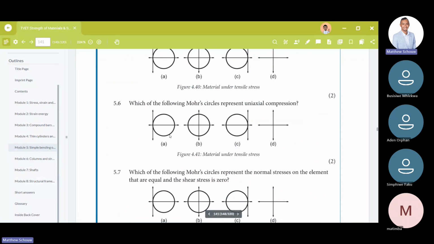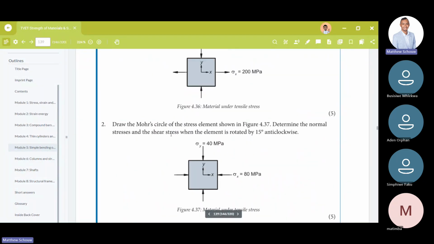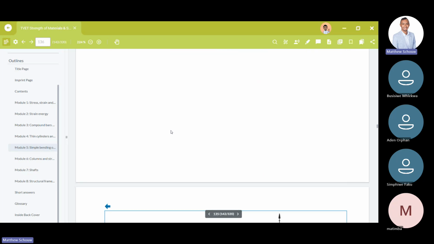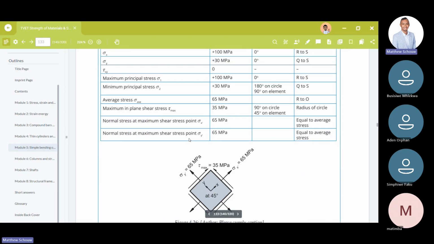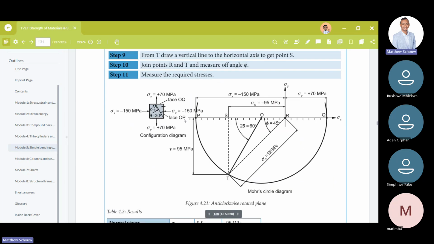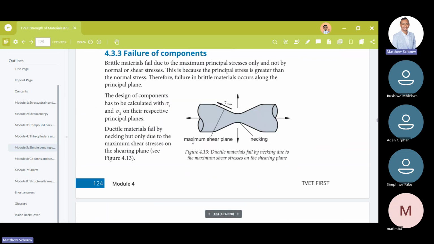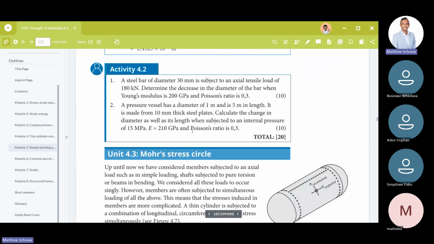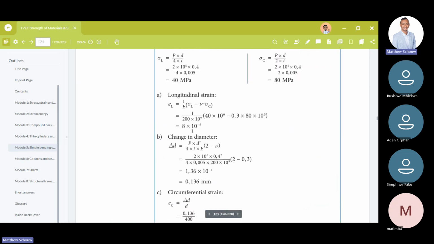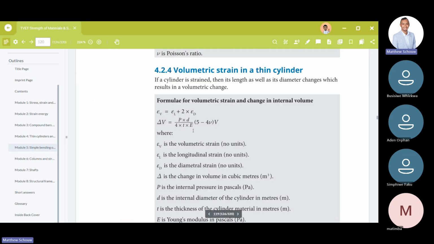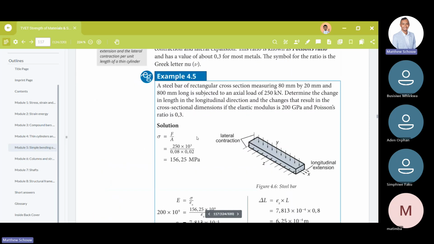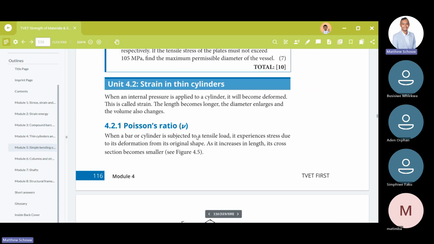I'm going to quickly show you the text for this and go over it briefly. As long as you understand what the change in diameter is, and the change in length. Looking at these formulations, it starts over here.